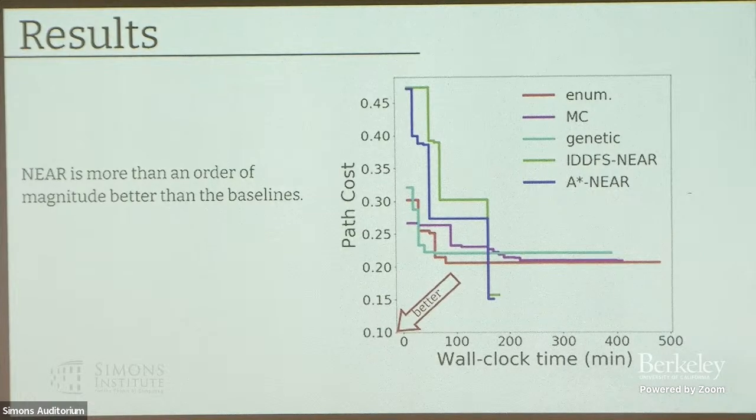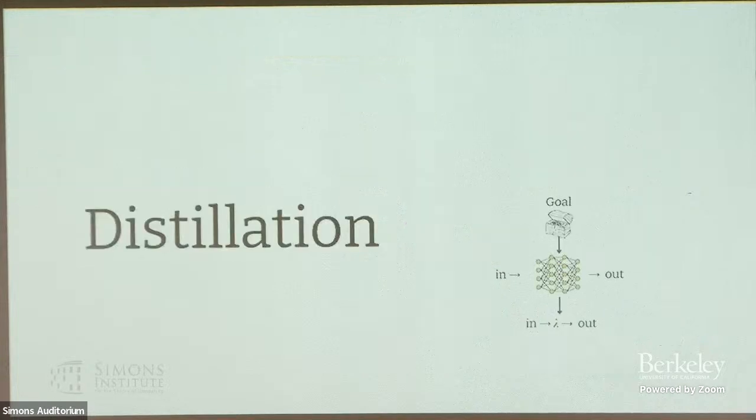Here are some results from the original paper comparing NEAR with A-star with a number of other baselines, and you can see that it's able to find a lower cost program much faster than many of these other algorithms.